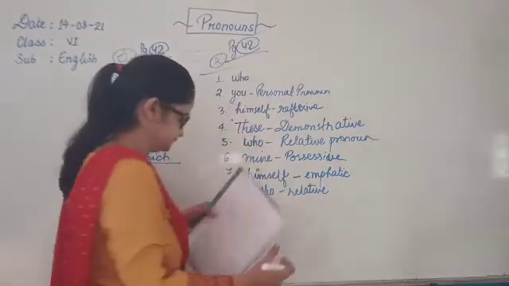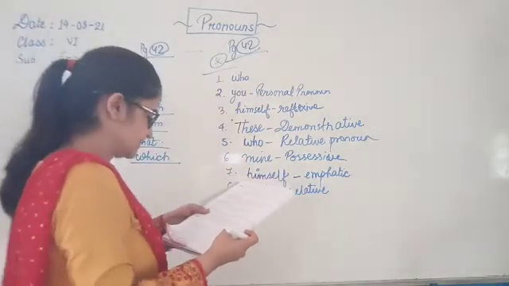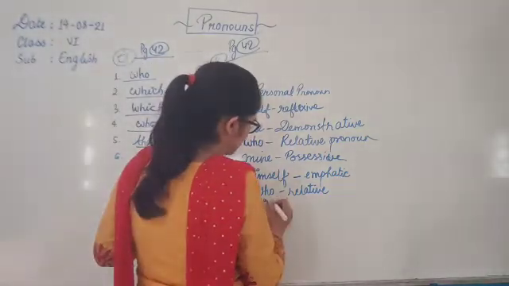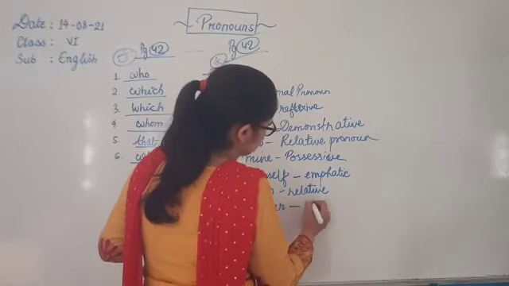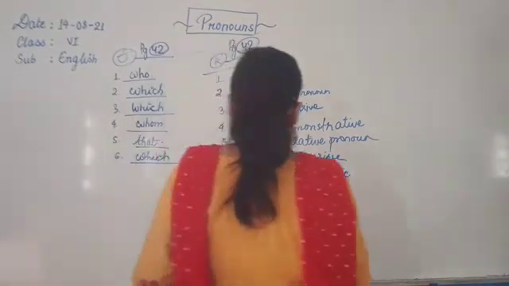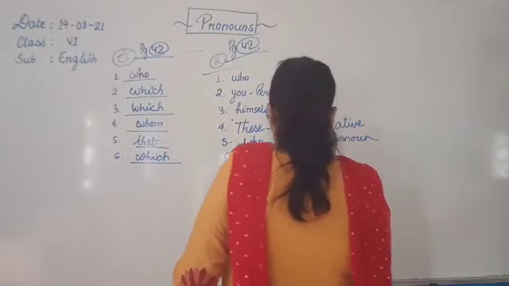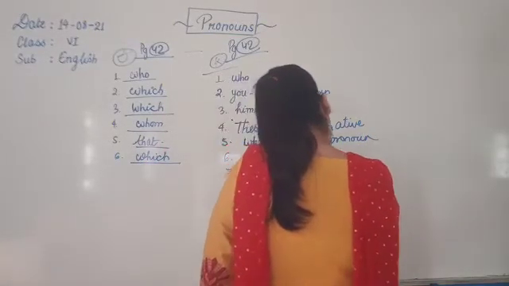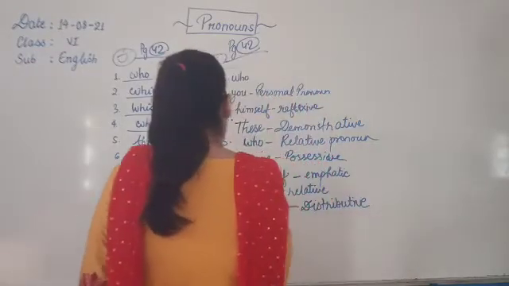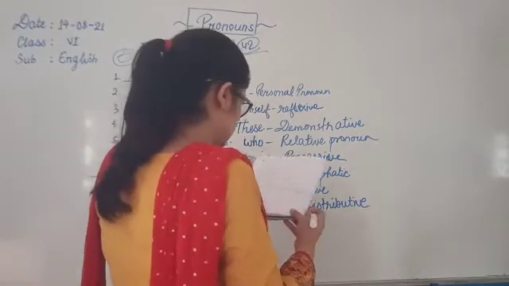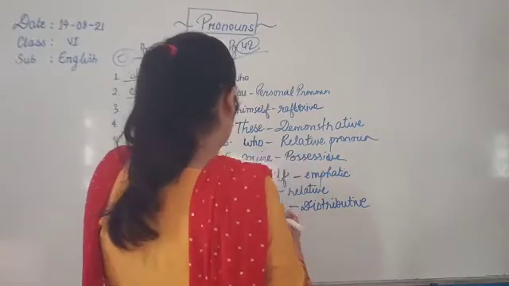Number 9, neither of them has been to London. Neither is our pronoun here, and it's which kind? It's distributive. Number 10, everybody appreciated the child's effort though he did not win.